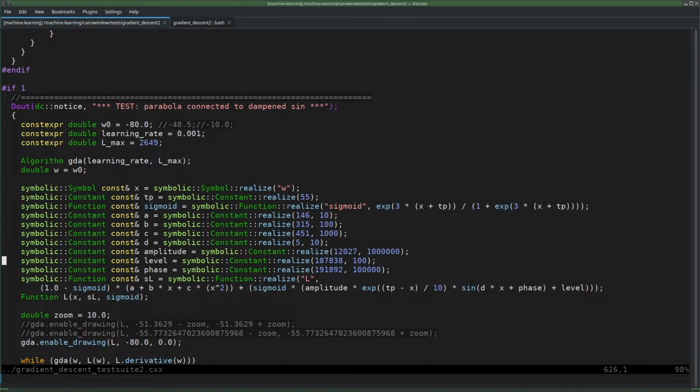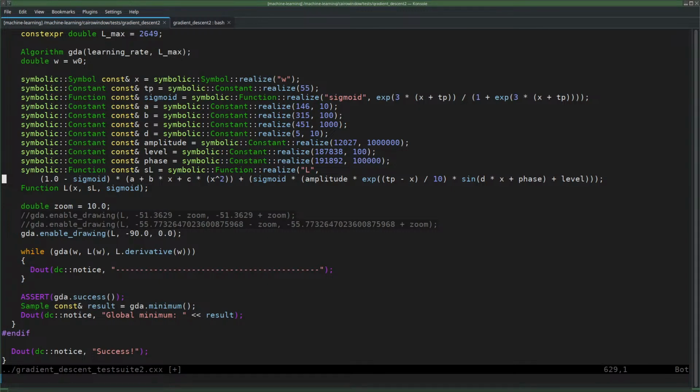I already have a sigmoid which switches quite fast. So let's say I want to switch again around 80, and then maybe show from 90 to 80. And then maybe the second sigmoid.